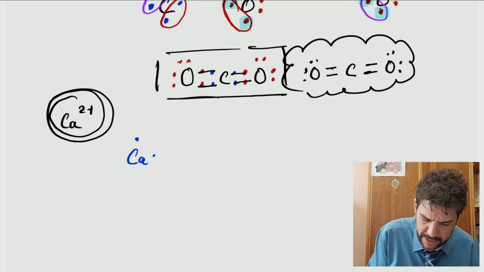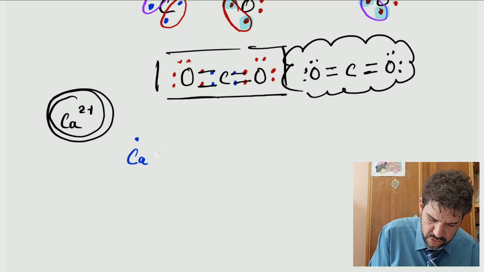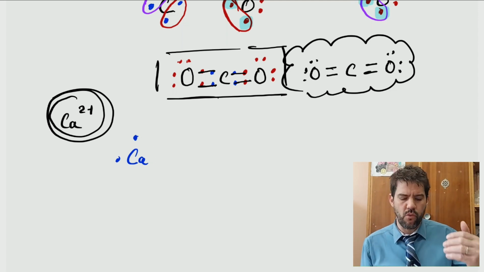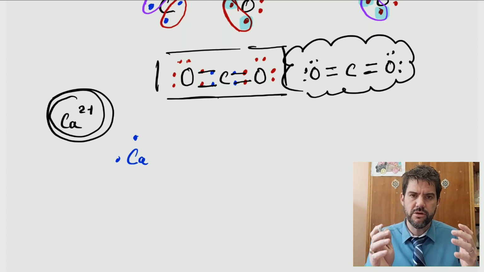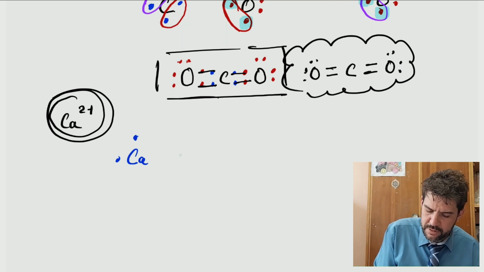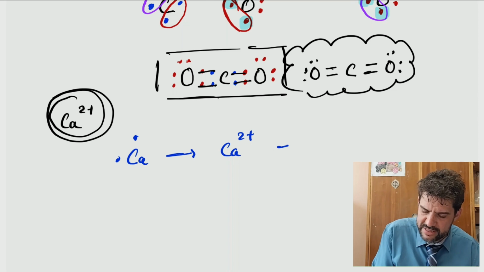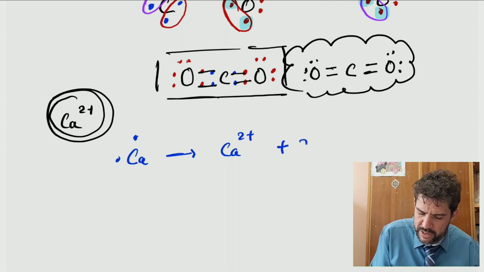Let's draw the dots on the other side. Calcium gave away those 2 electrons in order to become calcium 2+.